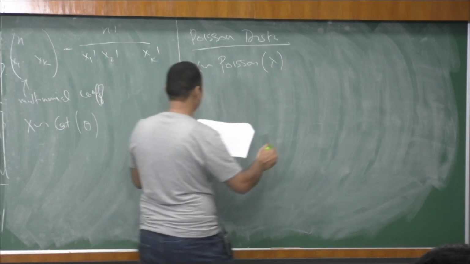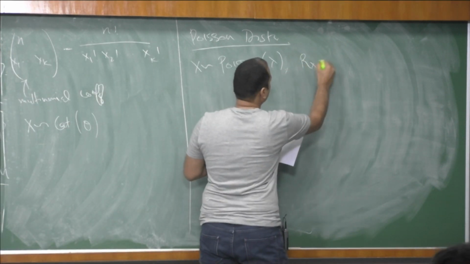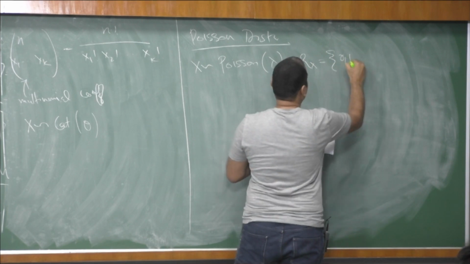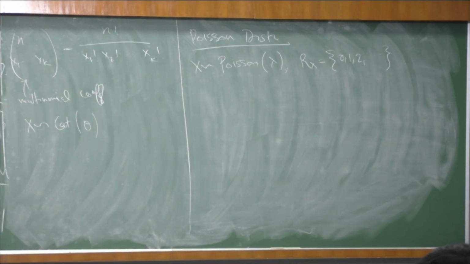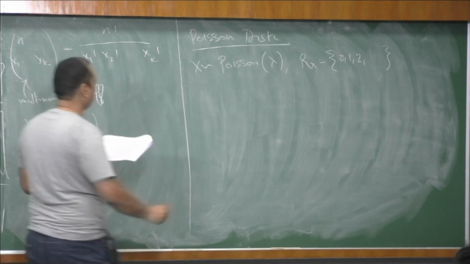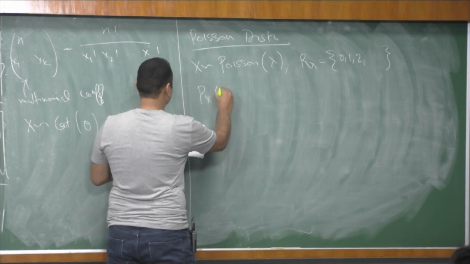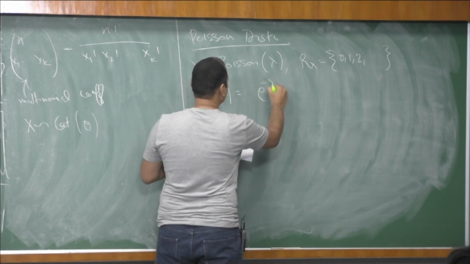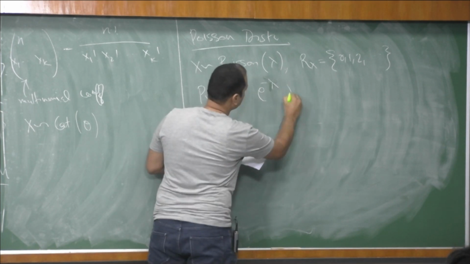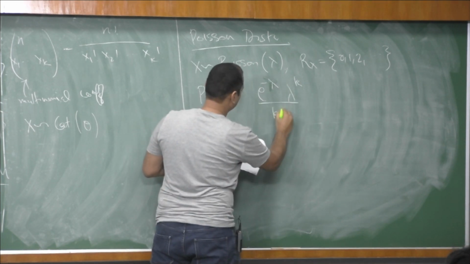If its range is 0, 1, 2, and so on. Again, the range is countable, hence it's still a discrete distribution case. And it's defined to be P of k is e to the minus lambda, lambda to the k by k factorial.